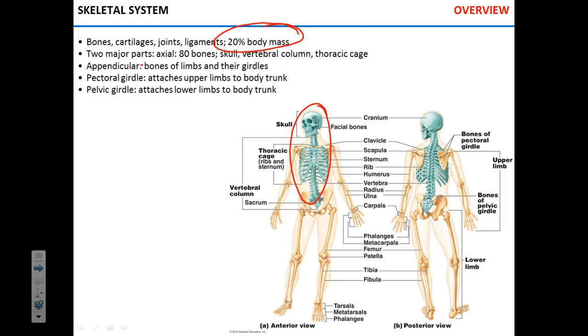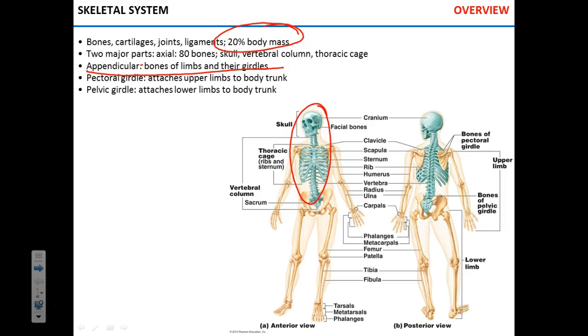It involves the skull, vertebral column, and thoracic cage, and the appendicular skeleton. It includes bones of the limbs, upper and lower limbs, and the pectoral and pelvic girdle.